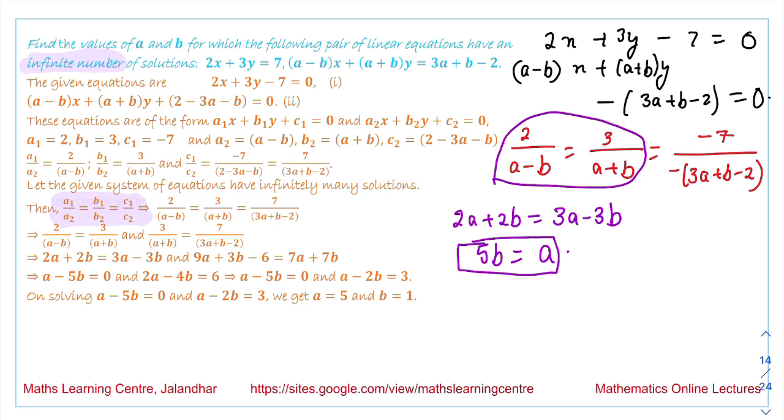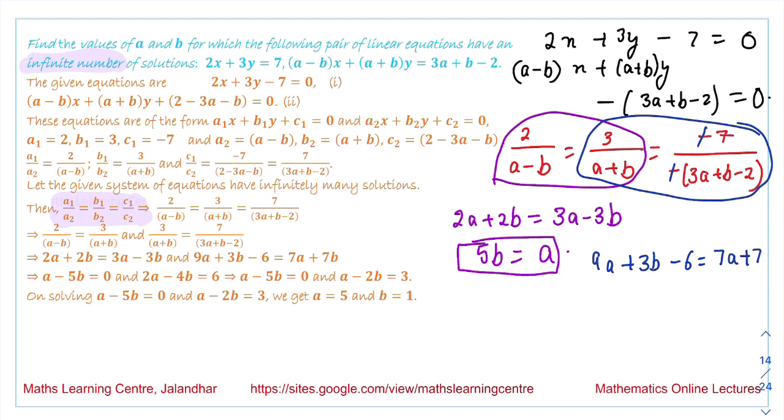Now if we solve these two equations, this minus sign gets cancelled over here, and we have 9a plus 3b minus 6 equal to 7a plus 7b.